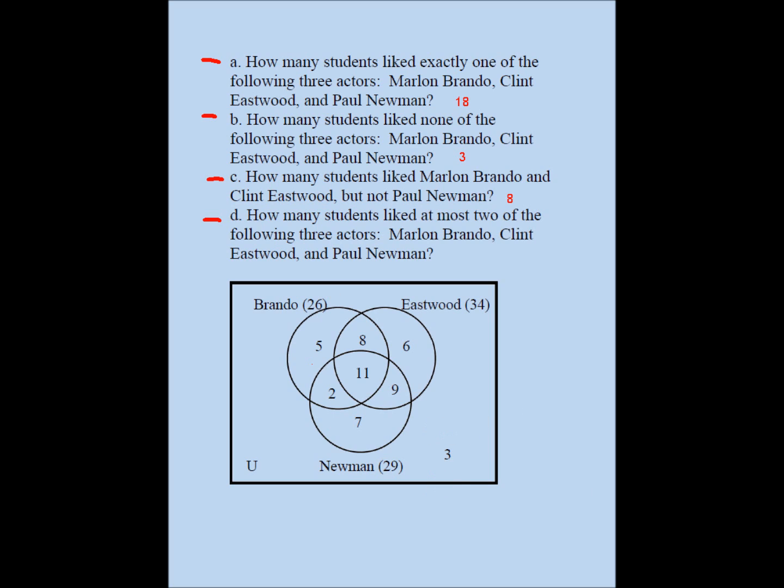These people like none of the 3 actors. That means we should include them because we're talking about at most. These people liked exactly 1. These people liked exactly 2 of the 3 actors.